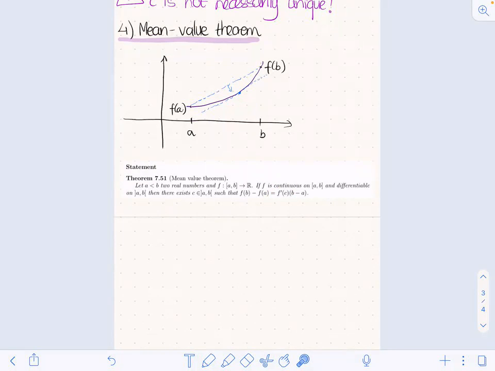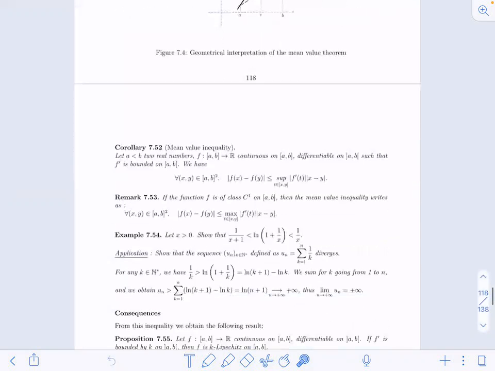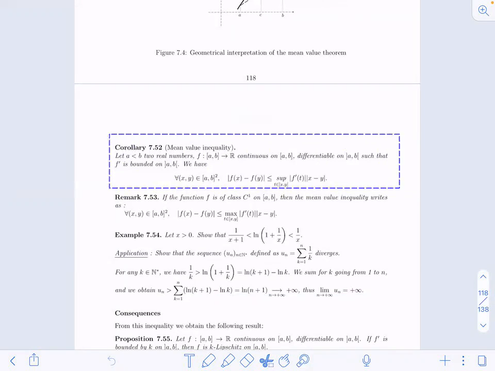You can use this to simplify the expression of f of B minus f of A. That's one use for it. Another use is the mean value inequality, which you have in your notes, that allows us to bound some objects. It writes as follows.